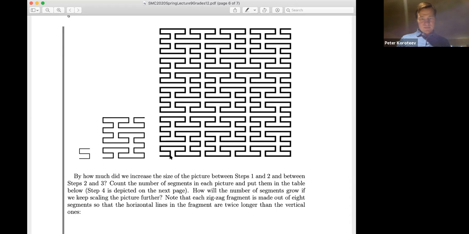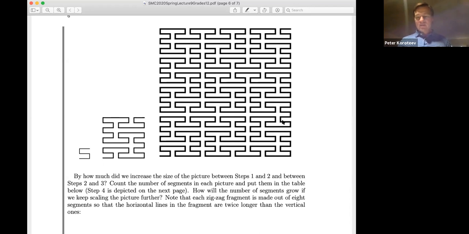So let's check, right? It's 2 here. Basically, we can embed 3 shapes from step 2 into step 3, so there's 1, 2, and 3. Each of them has 8, so it's 8 times 3 plus 2.